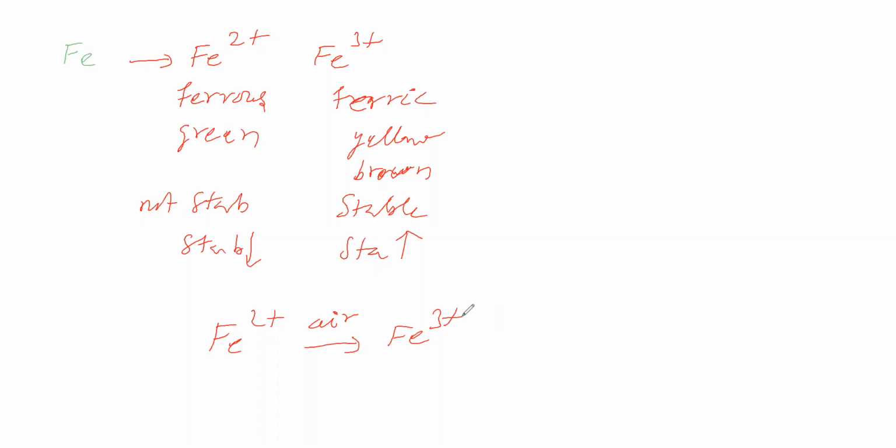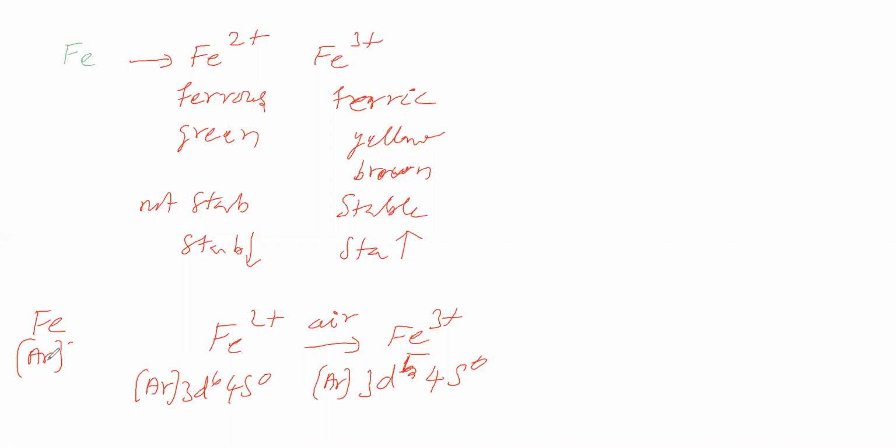Why does ferric have higher stability? Because the electronic configuration of iron is argon 3d6 4s2. Fe2+ is argon 3d6 4s0. Fe3+ is argon 3d5 4s0.